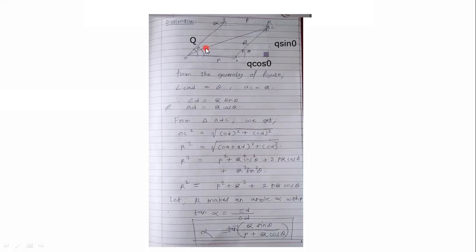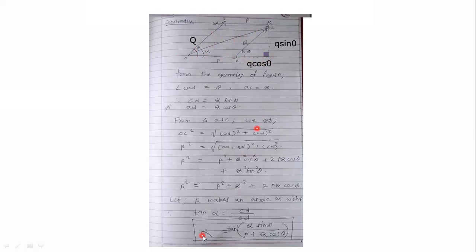Remember, angle alpha and theta are both different. Angle alpha is the angle made by the resultant with force P, which is horizontal, overlapping on the x-axis. Your force P is overlapping on the x-axis. So angle alpha is different and angle theta is different. Angle theta is the angle between P and Q, whereas angle alpha is the angle made by the resultant with the horizontal x-axis or force P in this case.